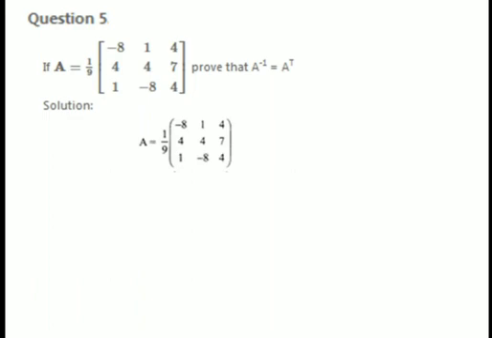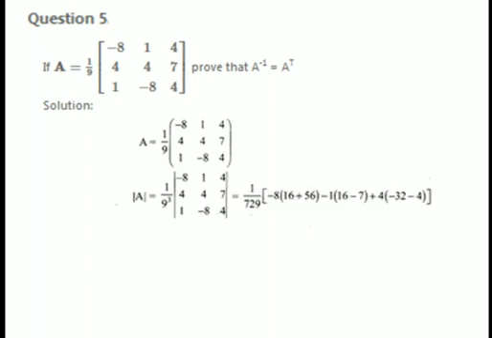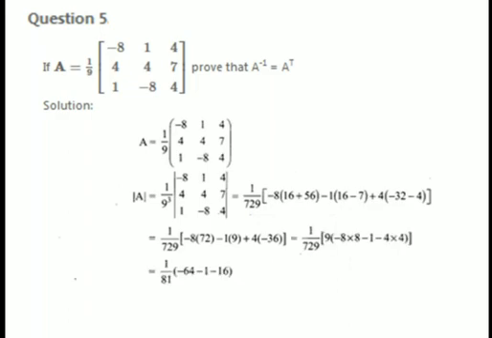Next question: if A equal to 1 by 9, prove that A inverse and A transpose are equal. First you take it and write the A. After that find out the modulus of A. Modulus of A is, if you simplify this, you get the answer 1 by 8.